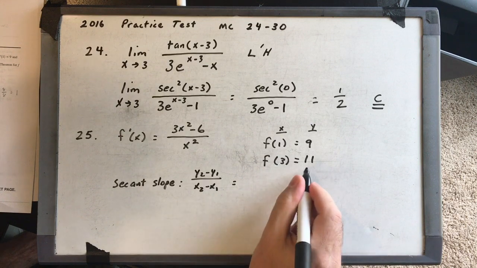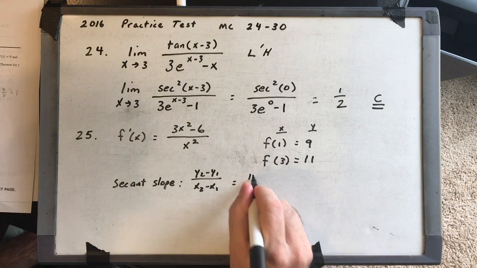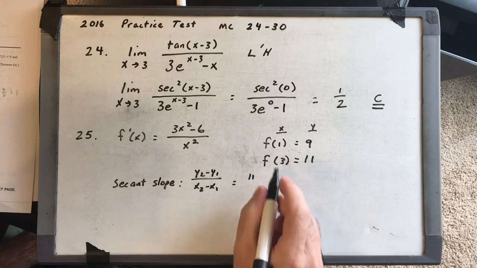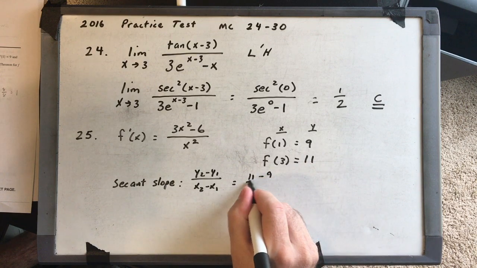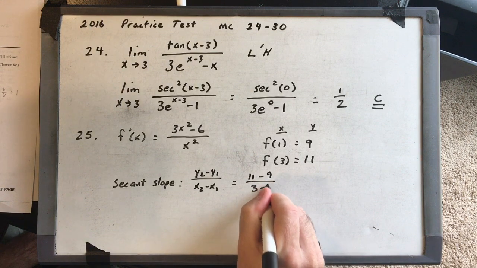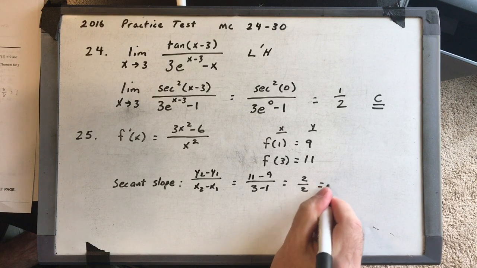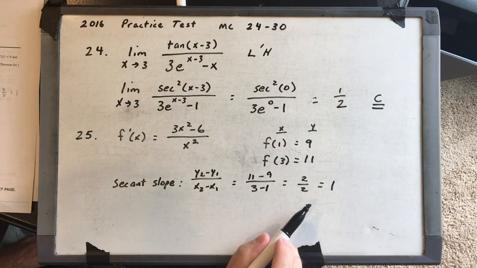So 11 minus 9 over 3 minus 1. Okay, so that's 2 over 2, which is equal to 1. So our secant slope is equal to 1.